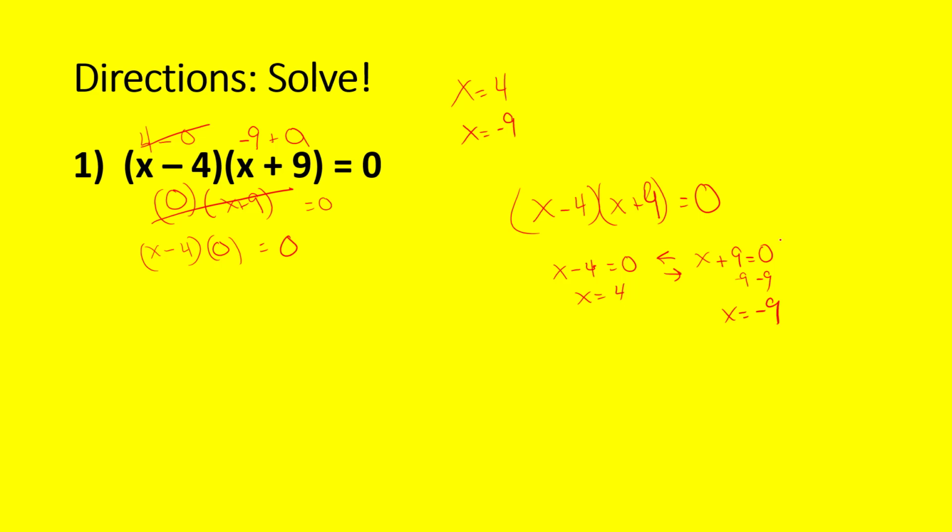You guys are at the point where I can follow your work pretty well as long as I can see one step at a time. Don't try to think that you're going to be solving or adding 4, multiplying by 2, subtracting 5, squaring something all in one step. I need to see individual steps. So no, you do not have to show me that you are subtracting 9 from both sides to keep it balanced. You can certainly go from that step to that step and be just fine.